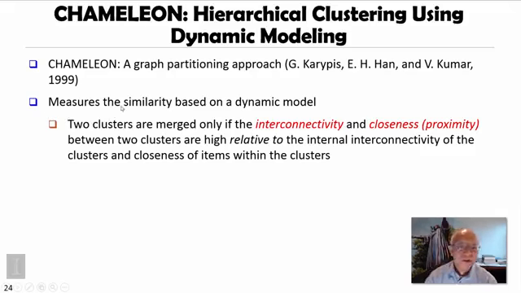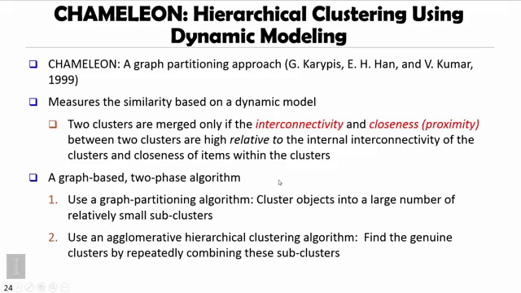It measures the similarity based on a dynamic model. Essentially, two clusters are merged only if the interconnectivity and the closeness between the two clusters are high relative to their internal interconnectivity and the closeness of items within the clusters. CHAMELEON is a graph-based two-phase algorithm.